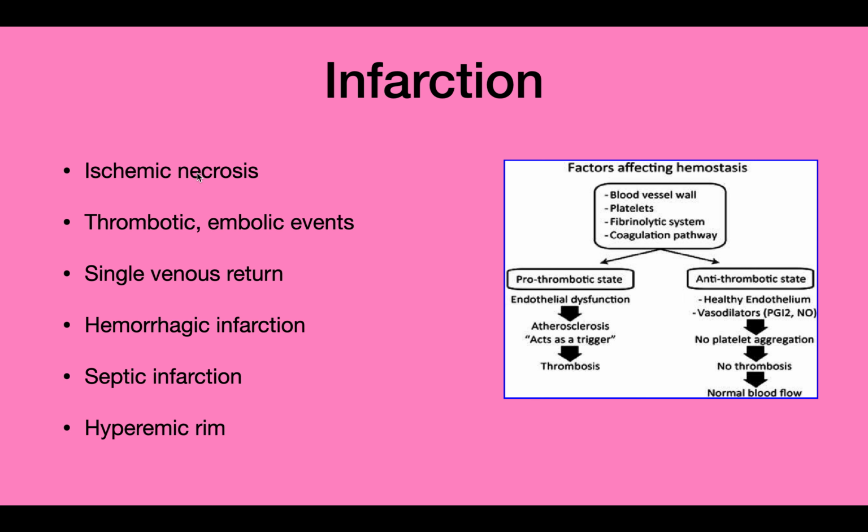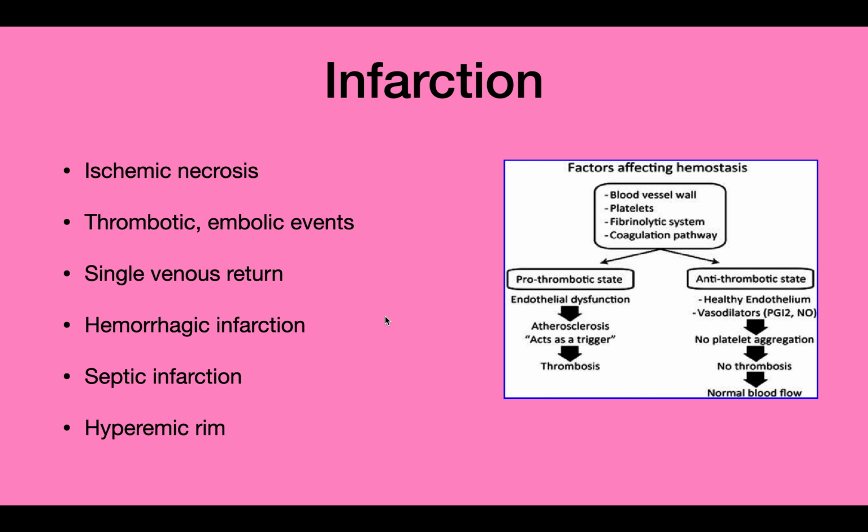Okay, infarction leads to ischemic necrosis. Well, it causes this. It doesn't lead to it. It's thrombotic or embolic events. So that's due to the single venous return. The heart only has everything basically going in from the vena cava, right? So in a hemorrhagic infarction, that's when the coronary vessels are going to rupture, and instead of ischemia, it's going to be hemorrhage, right?